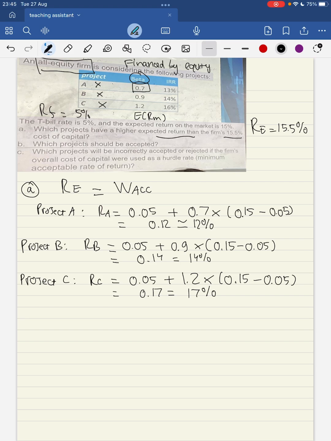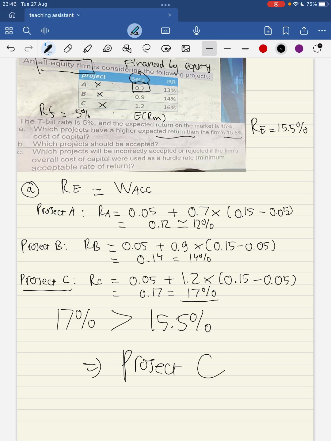Okay, so which project will have a higher expected return than the firm's 15.5% cost of capital? We can all see project C is 17%. 17% is greater than 15.5%. So the answer is project C. And this is how we achieve part A of this question.